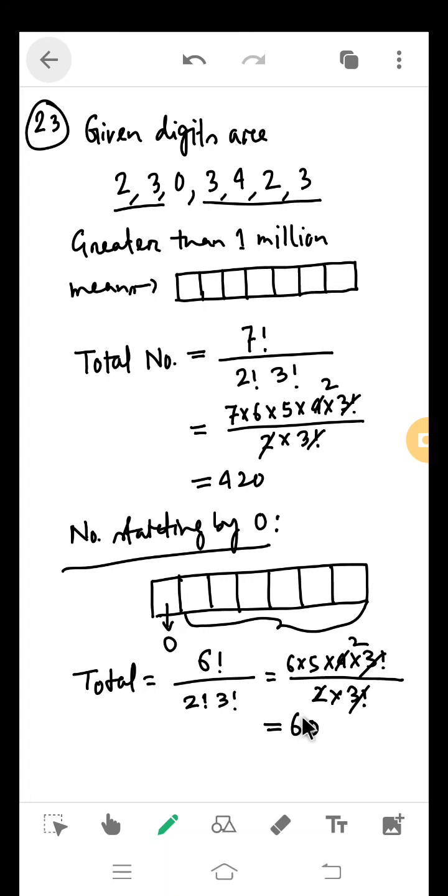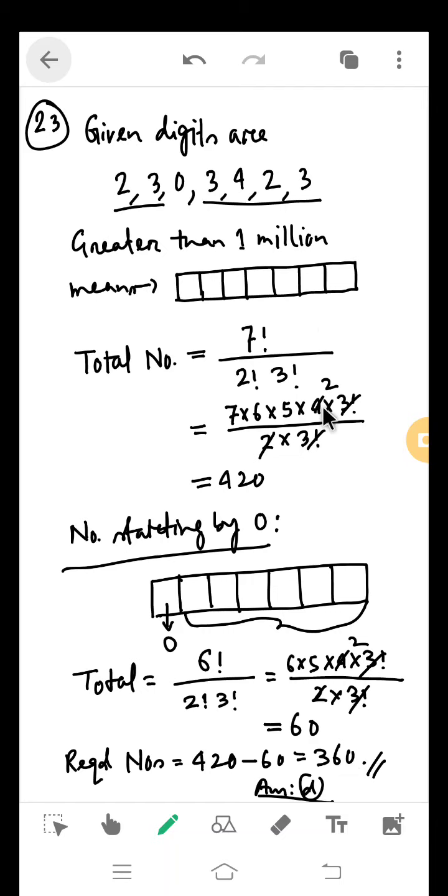So 60 numbers start with 0. Therefore the required numbers: subtract 60 from the total, and that will give you 360. So 360 numbers greater than 1 million can be formed here. That is given in option D.